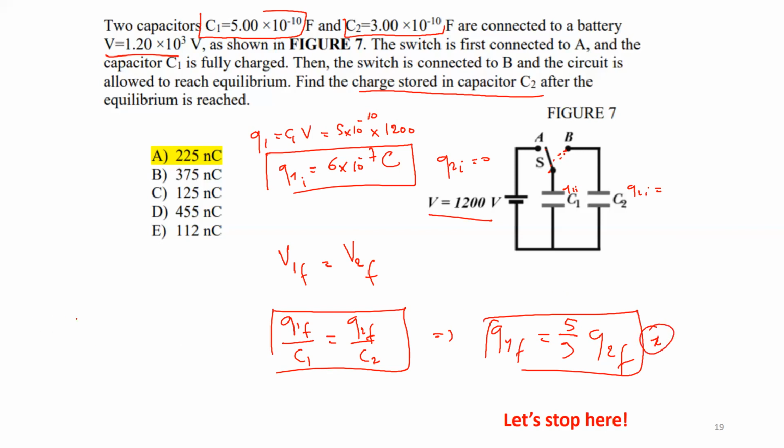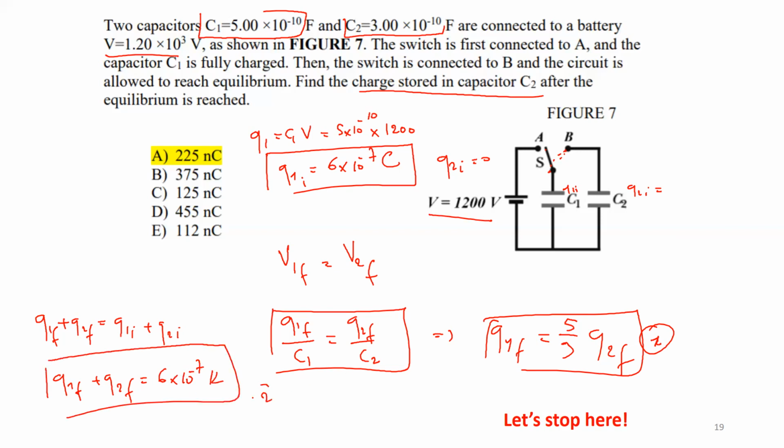Now what's my second equation? Of course, conservation of charge. Q1 final plus Q2 final is equal to Q1 initial plus Q2 initial. So Q1 final plus Q2 final will be equal to 6 10 to the power minus 7 Coulomb. Equation 1 and equation 2, you combine them and you will get your Q1 final and your Q2 final.